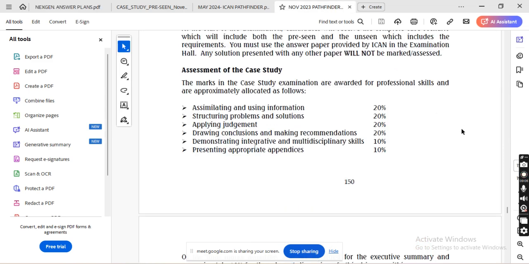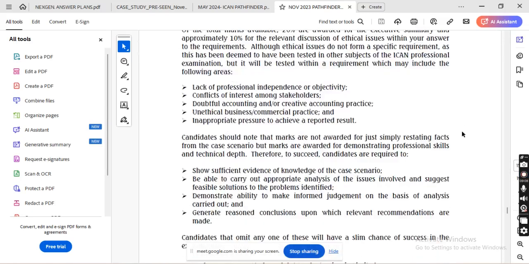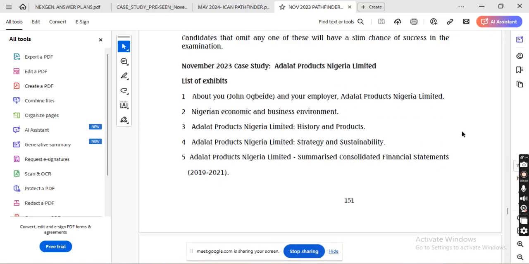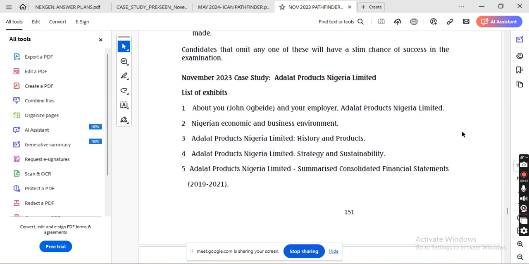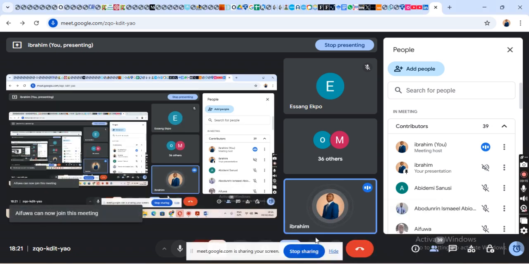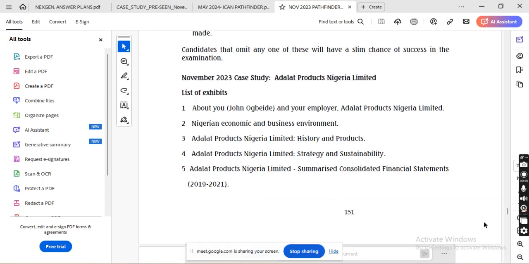Now, this is the present, November 2023. Let me say something again. I can follow the trend of what is happening in our environment. Don't forget that I was expecting CBN recapitalization, like banks, industry, financial institutions.